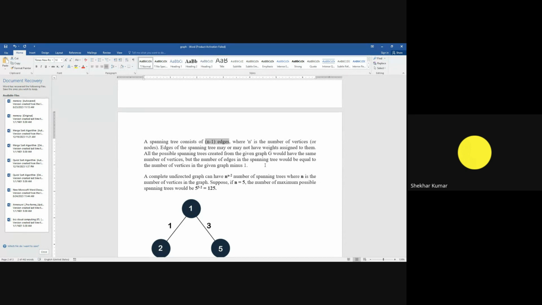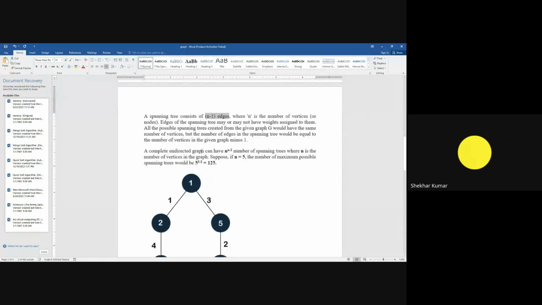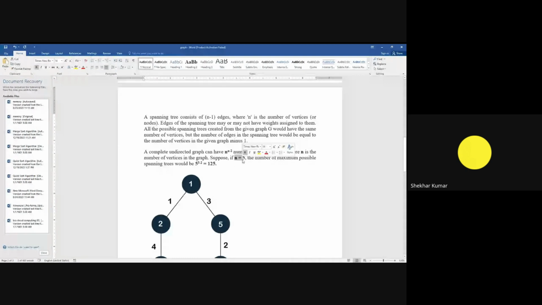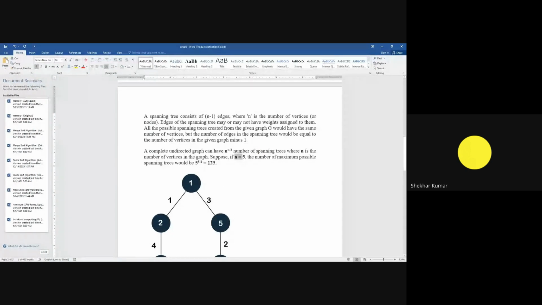Suppose, for example, a complete undirected graph has n to the power n minus 2 spanning trees. If the value of n is 5, then the maximum possible number of spanning trees will be 125.